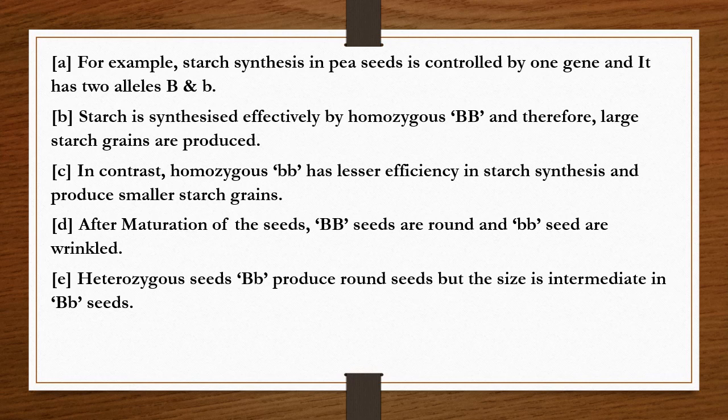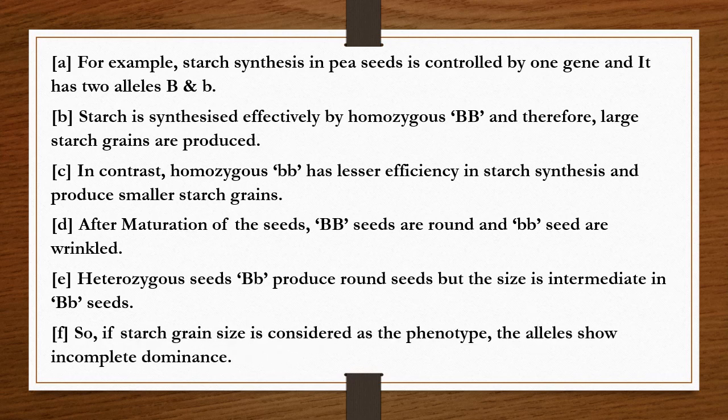But when it comes in heterozygous condition, the size is not large and not small, it will be of intermediate size. So if starchy grain size is considered as a phenotype, if you consider the sizes large and small, the alleles show incomplete dominance, because capital B small b gives the intermediate size.